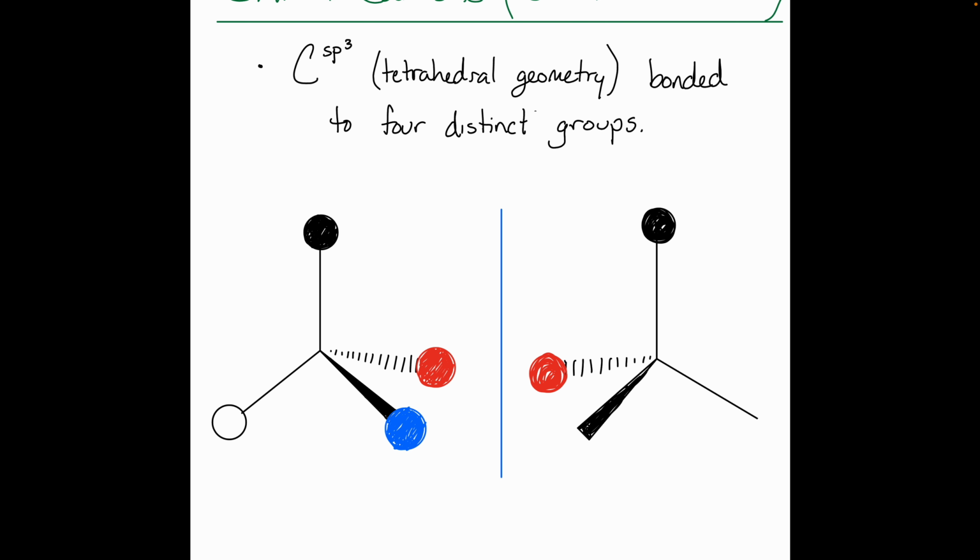All right, so these are 2 distinct molecules that are mirror images of one another.